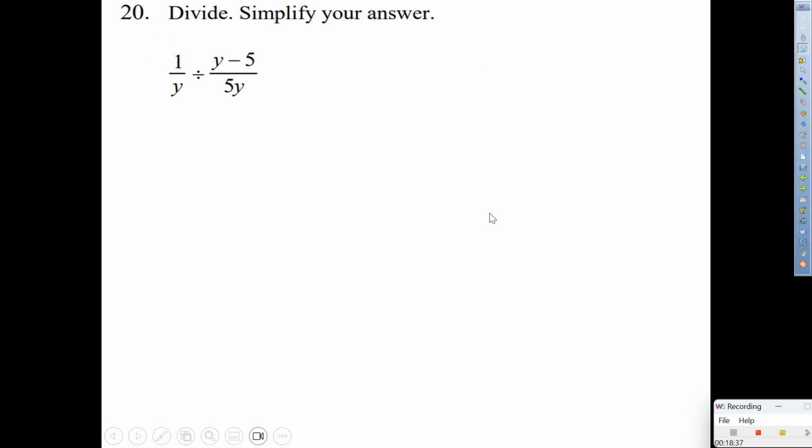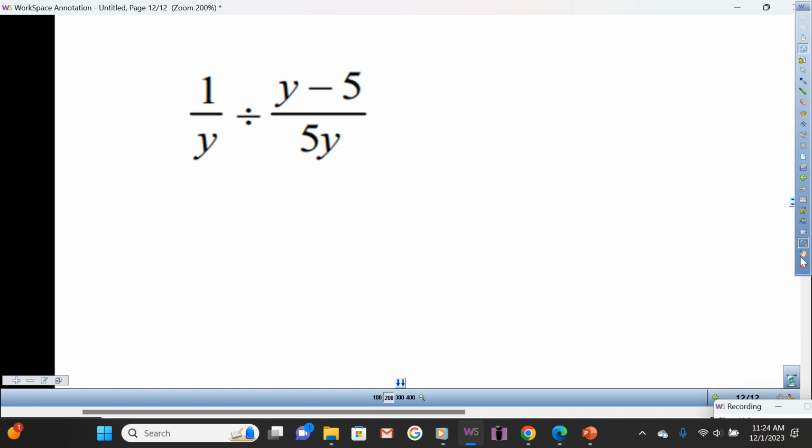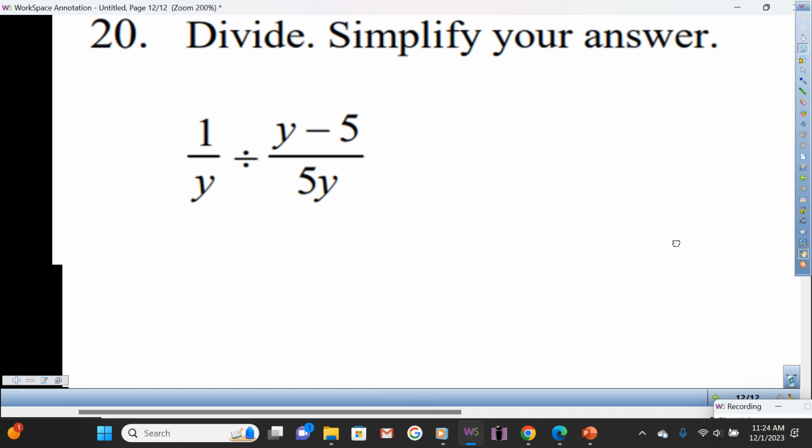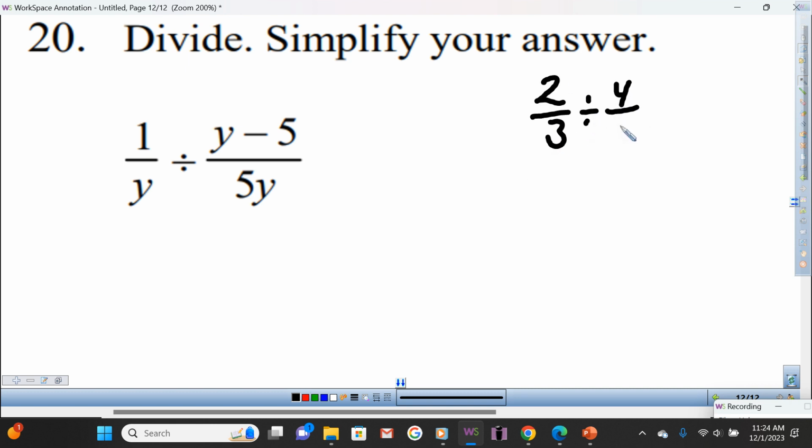It says, divide and simplify your answer. Write that down. 1 over y divided by y minus 5 over 5y. Copy that on your paper. Now let me show you the process with numbers. If I gave you the fractions 2/3 divided by 4/5, how do you divide, Mr. Q?